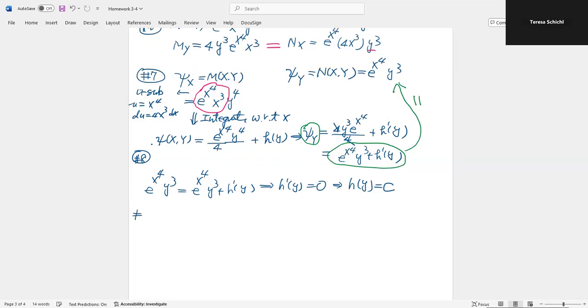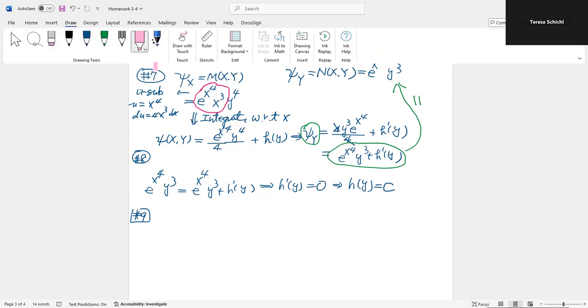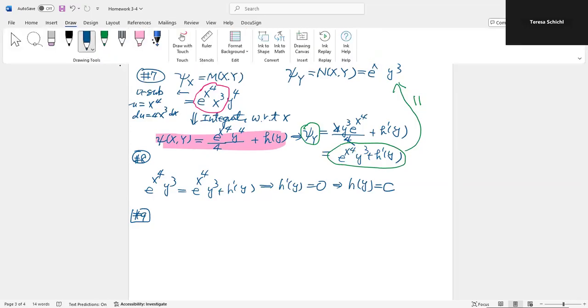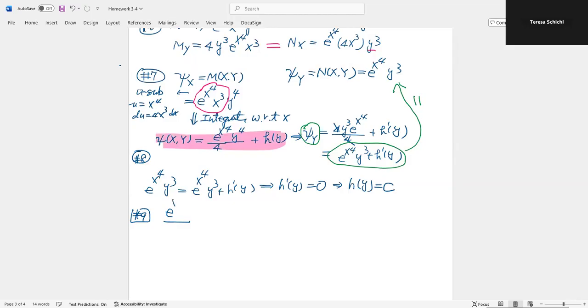Then you substitute this back into the equation, so h(y) is some constant. Now what I will get is e to the x fourth, y fourth, over 4 equal to the constant c.